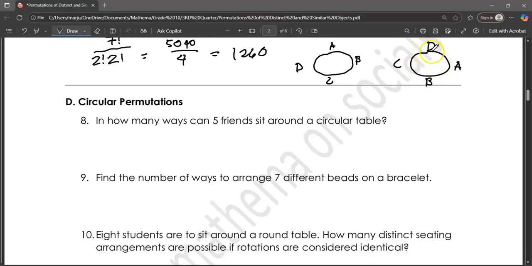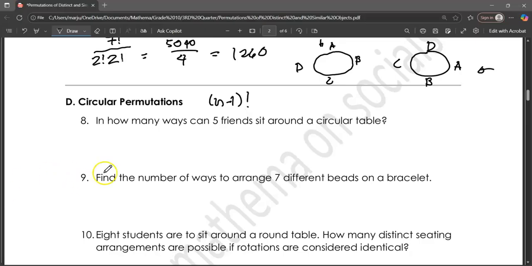You're just looking at it from a different perspective. But they are actually the same arrangement. So again, when we do circular permutation, remember we do n minus 1. We always set our reference point. So n minus 1 factorial.